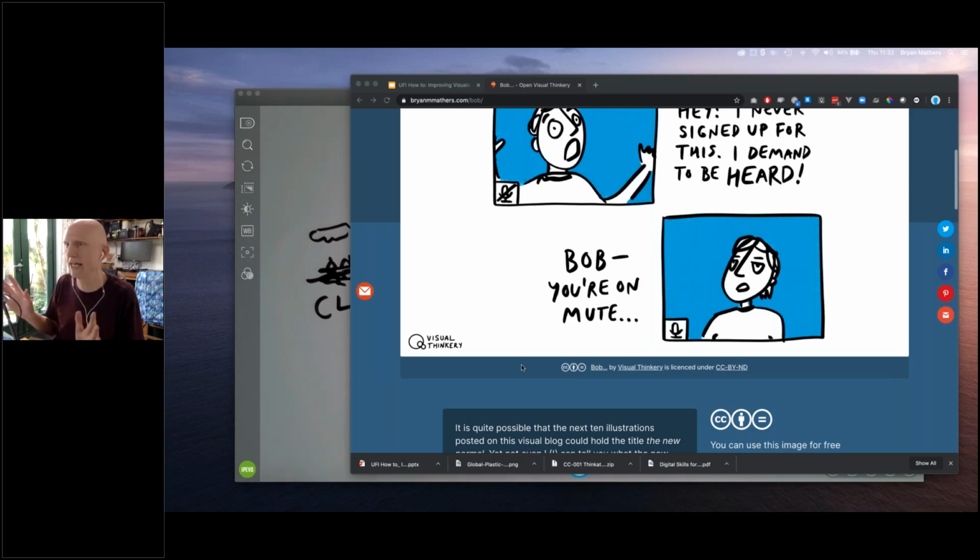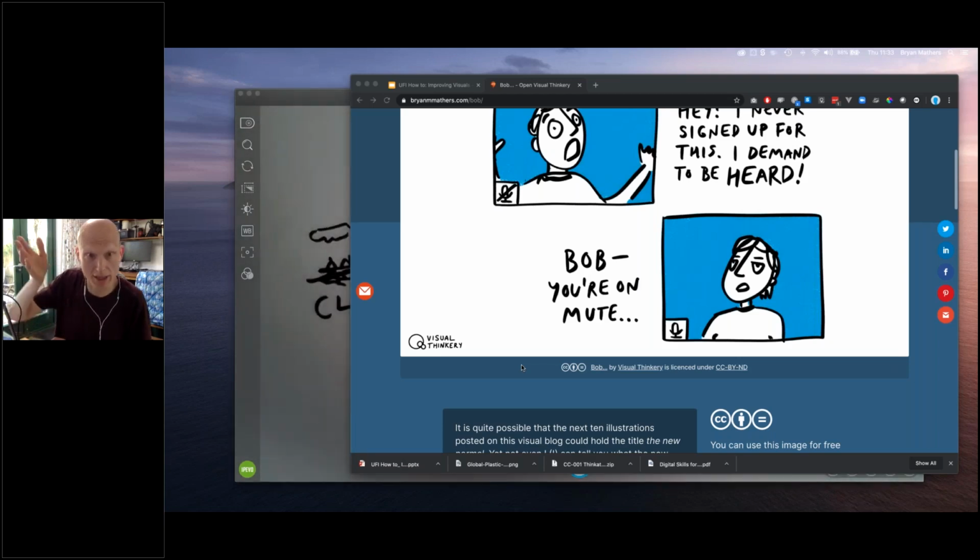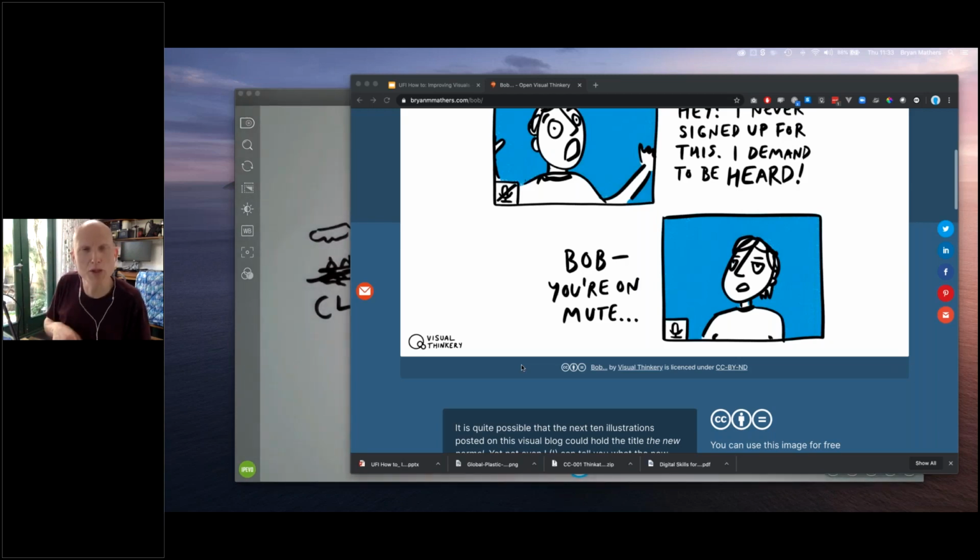If you see that anywhere, even if someone else was to use this image and they put in the CC, it means that you can use the image that they're sharing, even though they didn't create it. It's almost the opposite of copyright, copyleft, I suppose. It's saying that there are rights attached to this, but it's open for you to use in a different way to copyright.